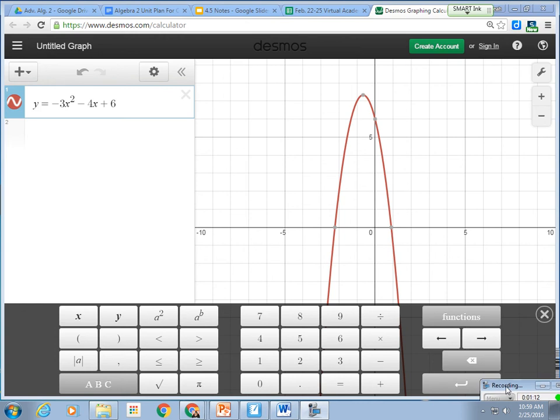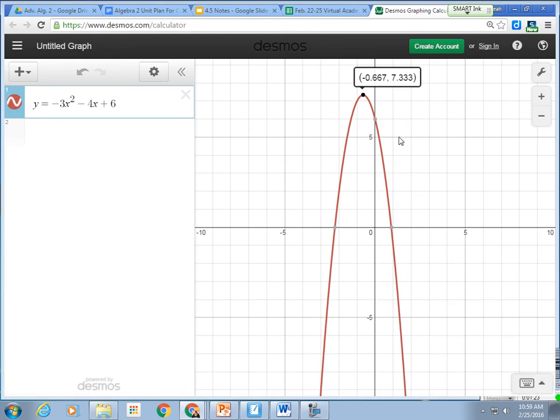All right, so we put our function y equals negative 3x squared minus 4x plus 6 in our graphing utility. Our vertex is up here. It's at negative 0.667, which is rounded to negative 1/3, comma 7.333, which is also rounded, 7 1/3.